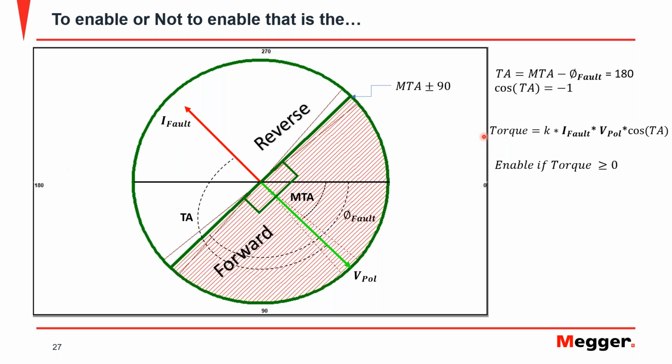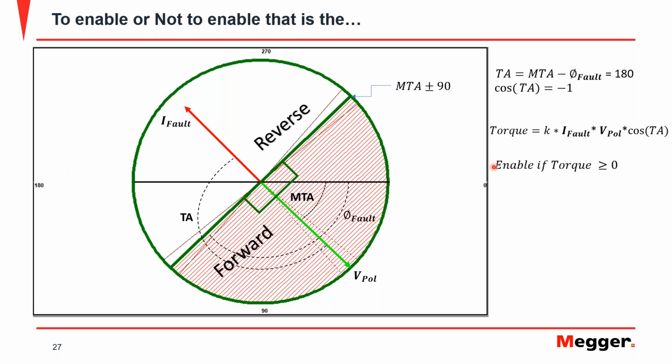And most relays, they will define, and it's not always this equation, but it is this sort of equation, where you would have something called torque, a name that comes from the electromechanical era, when you actually needed torque to move something or to keep something in place. Let's say a contact that you wanted to keep closed, or a contact that you wanted to prevent from opening. In this case, for microprocessor relays, it's simply a magnitude, a mathematical trick, I should say, that is used to determine whether we need to enable the directionality or not.